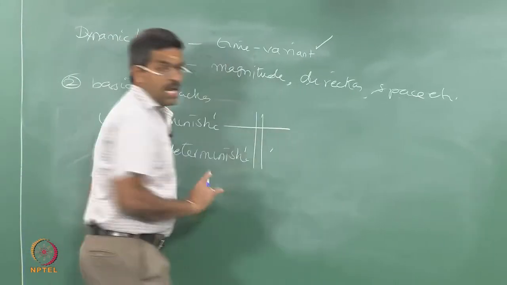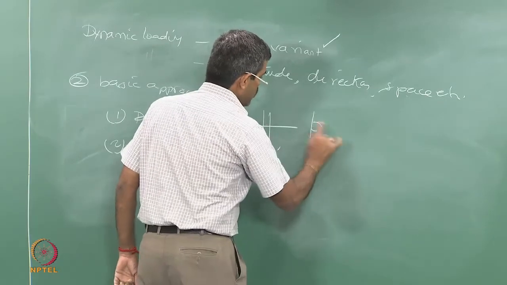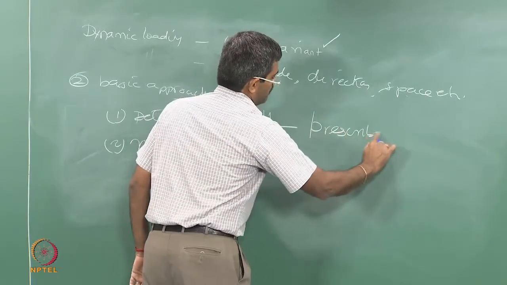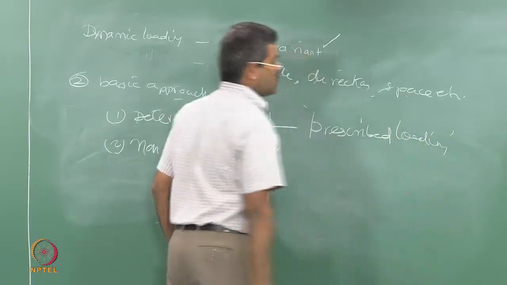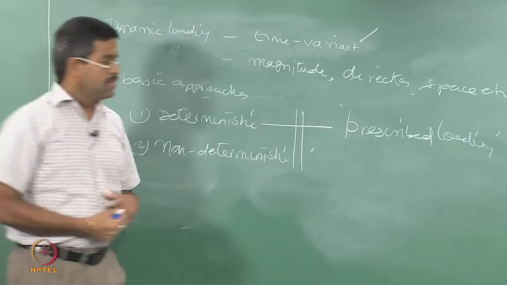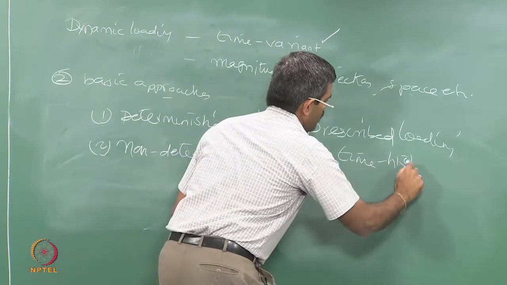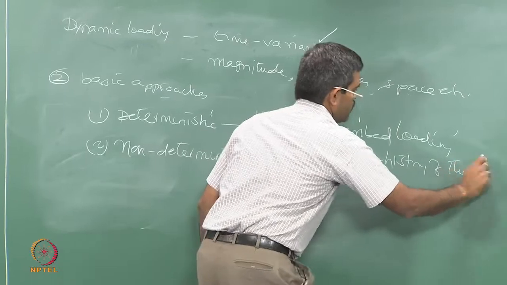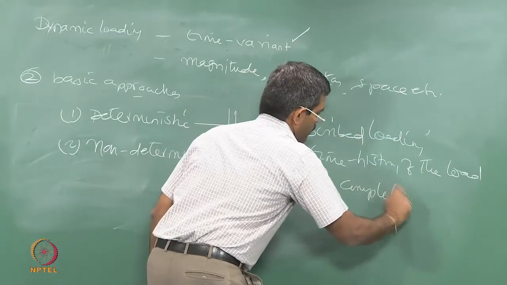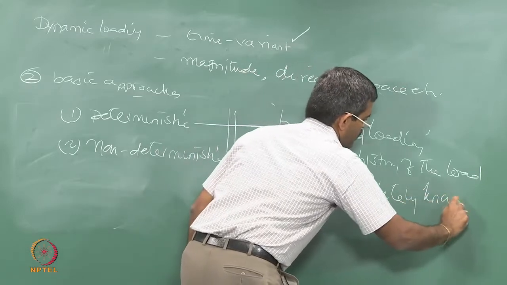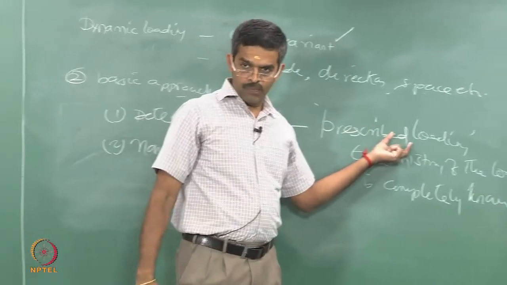The deterministic approach is applied to analysis where you have something called prescribed loading. What is prescribed loading? If the time variation or time history of the load is completely known, I call this load a prescribed load.